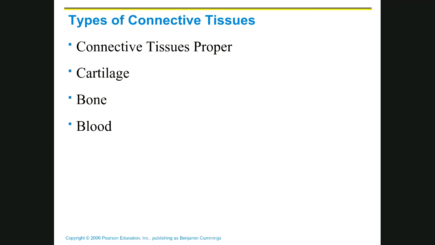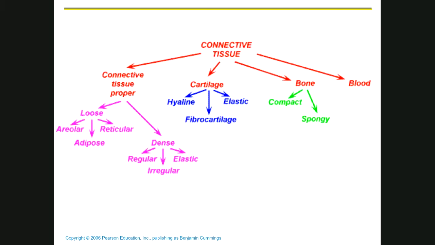So what we're going to do is we're going to look at these 4 different types of connective tissues individually. So one more time, we have the connective tissues proper. We have the cartilages, we have bones, and we have blood. So let's look at the connective tissues. And if you look at them on a flow chart, this is what they look like.